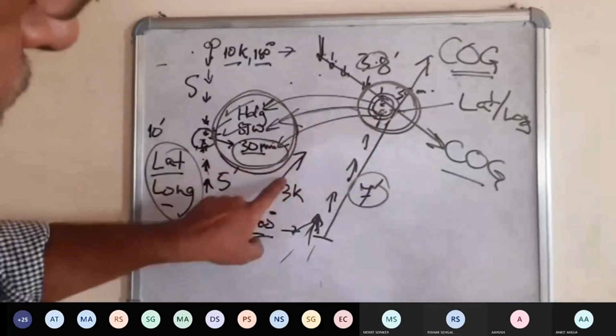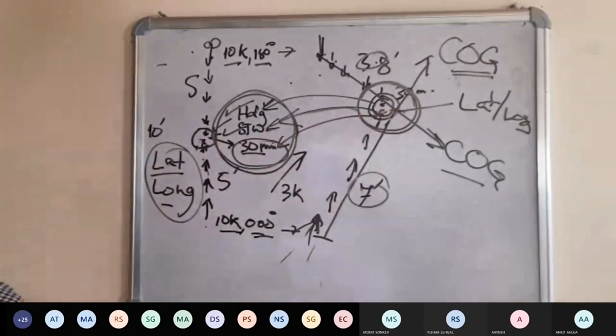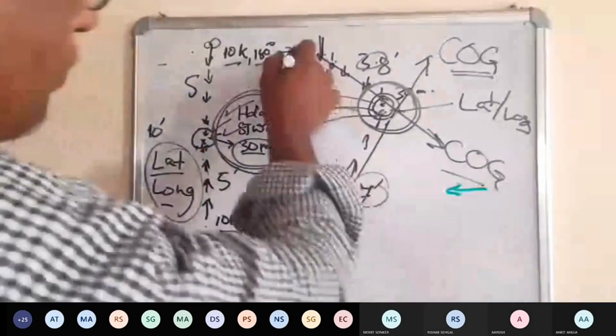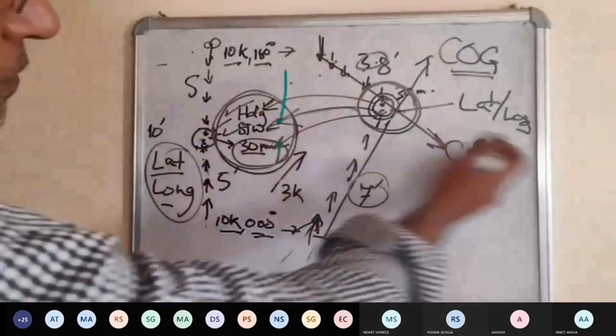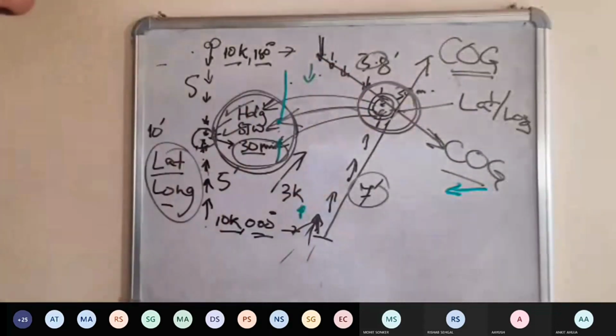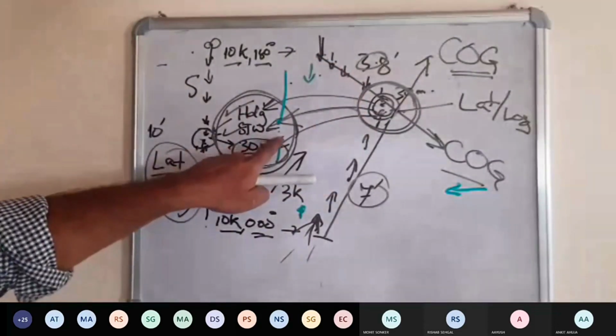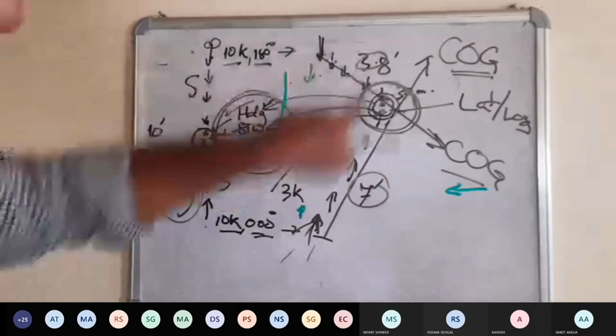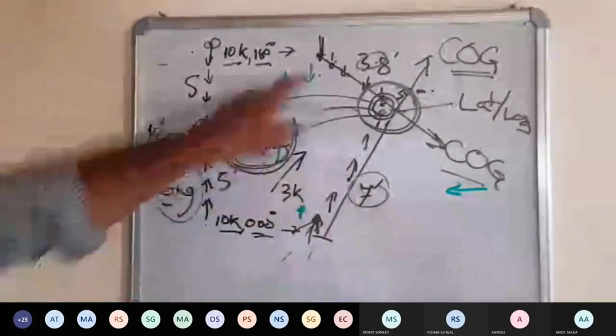Earlier it was happening here, because of current it is happening here. Similarly, if the current was like this, the collision would take place here, both the ships getting pushed to this side. But again, same 30 minutes. Same heading, 180000. Same STW.